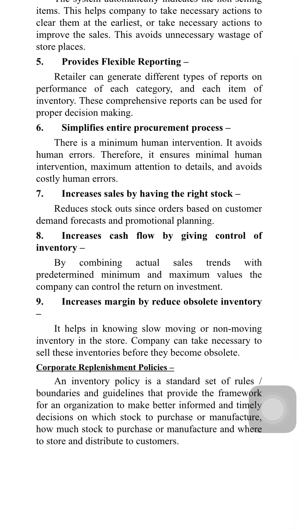Next point is increases margin by reducing obsolete inventory. In the sense, it helps in knowing slow moving or non moving inventory in store. The company can take necessary action to sell these inventories before they become obsolete, which is nothing but expiry or rotten or some other things.